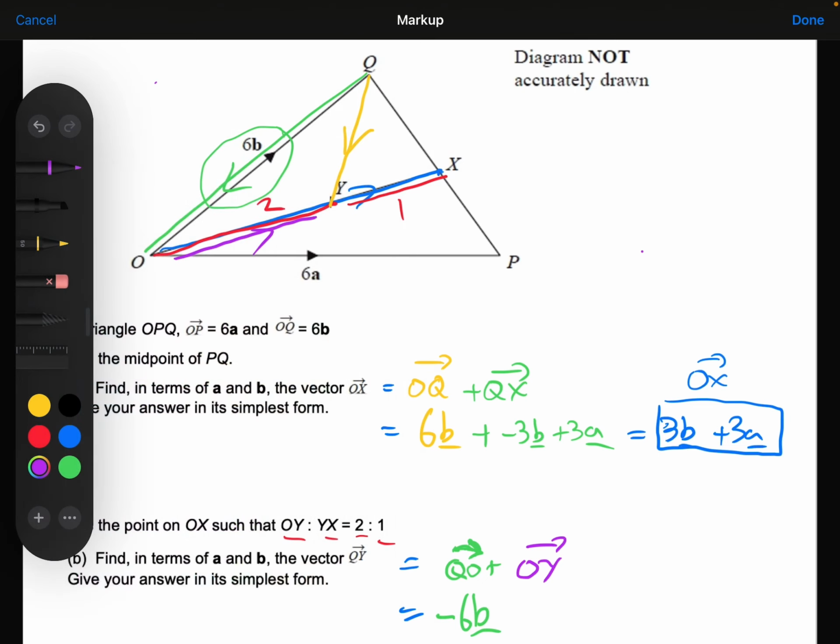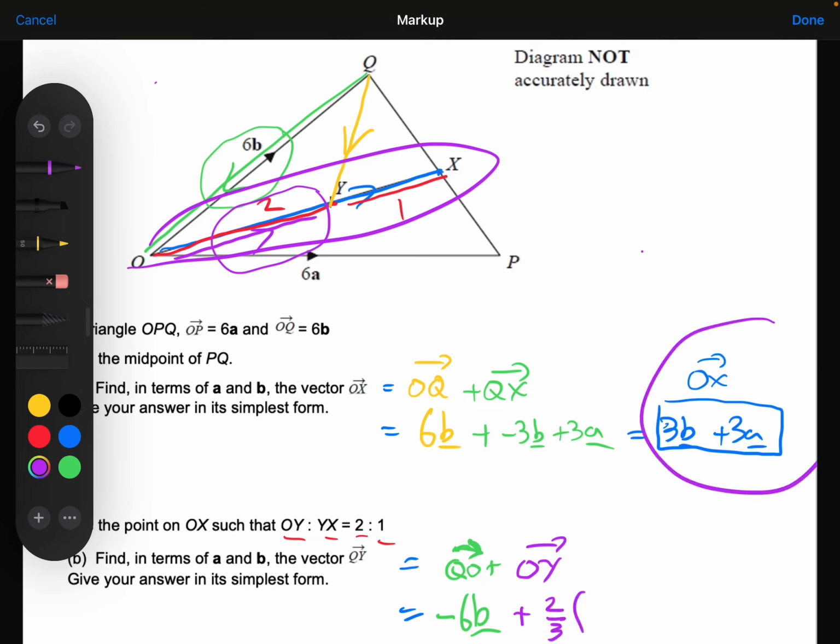The OY, well, this is 2/3 of the vector OX. And we worked out OX in part a of the question.